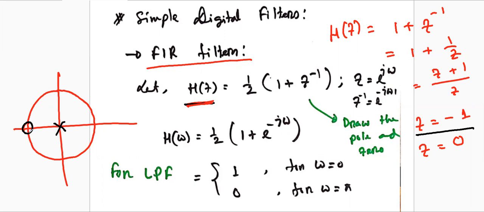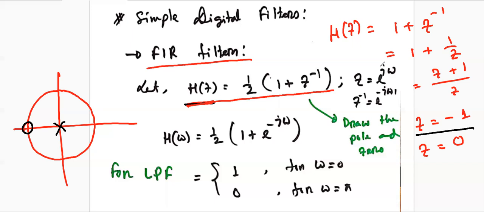Basically, all the poles of course should be inside the circle for a causal system, otherwise it will be unstable. And what about the zeros? Yes, zeros can be outside the unit circle as well, but for this case, we are putting them on the unit circle.